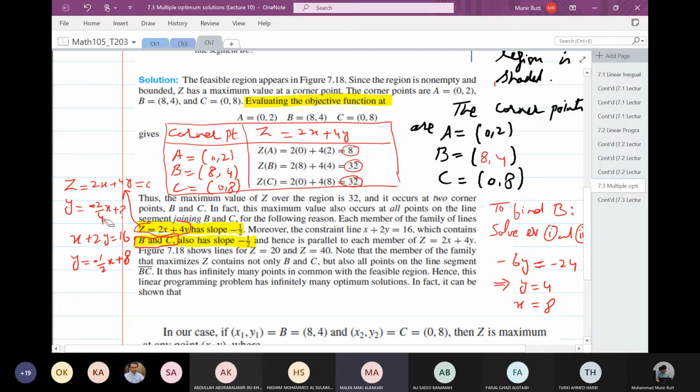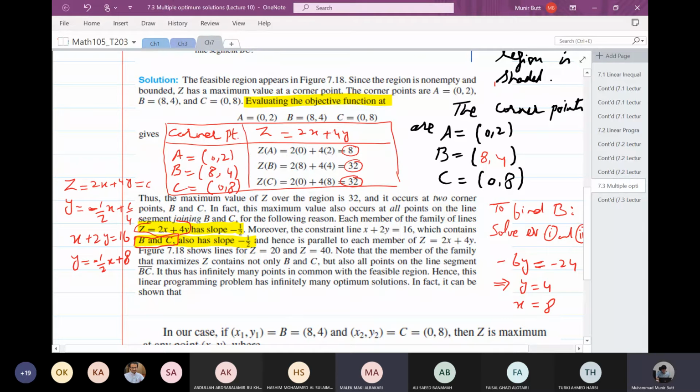Agree, doctor, but why is the y-intercept in z not important? Like you said, you can put any number.